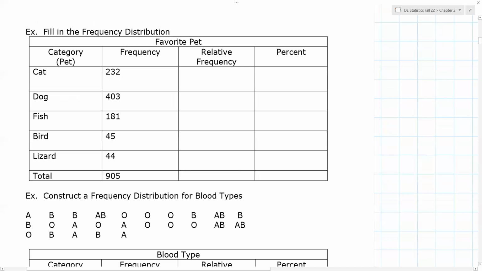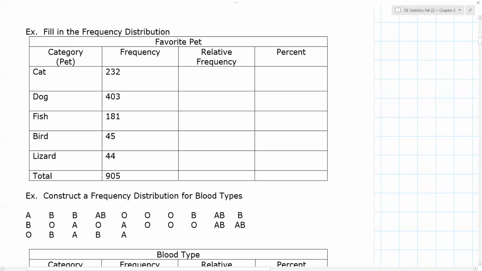All right, so we are going to start, and we're actually going to start by filling in the second two columns. So they give us our categories. In this case, it is dealing with our favorite pets, and the options or the answers that we collected were dog, cat, fish, bird, and lizard.